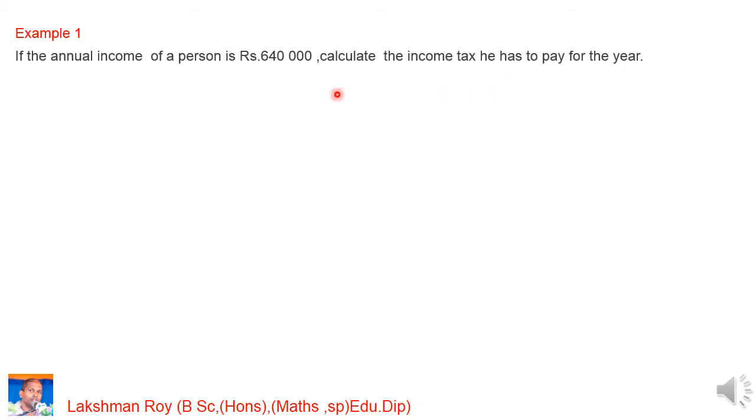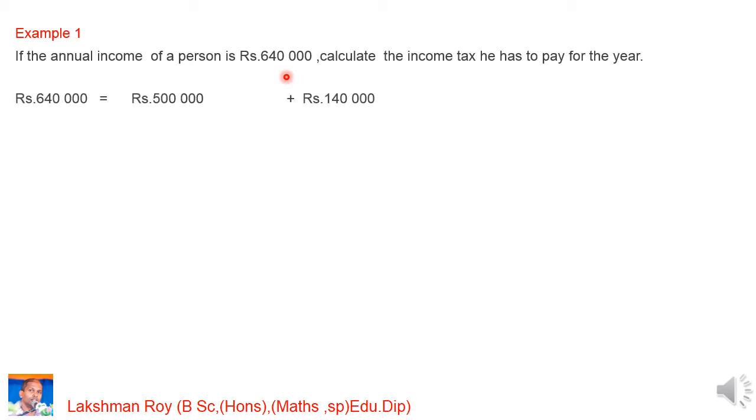The rate is as I mentioned earlier. The annual income of the person is 640,000 rupees, which is more than 500,000 rupees. So for a certain amount we should pay a tax.